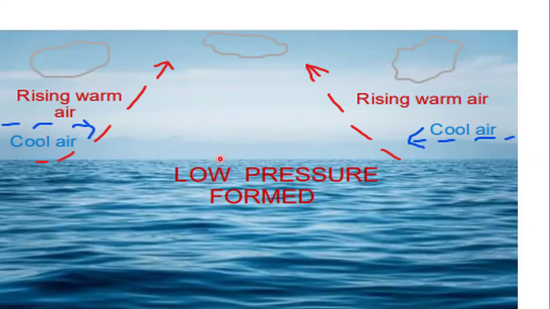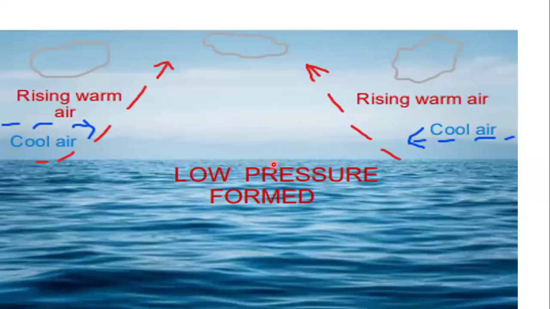So tropical cyclones are thermal in origin. They develop due to difference in the temperature of the sea water. Tropical cyclones advance from east towards the west, and the storms they create bring destruction.